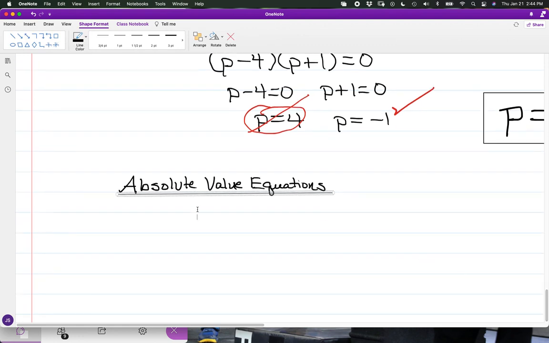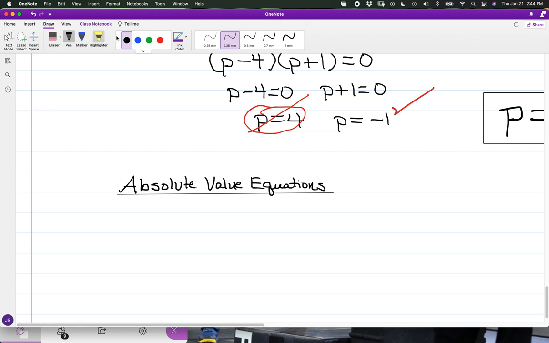Okay, and for what we have with absolute value, we're going to throw in some symbolism here. Just symbolically, the absolute value of x is denoted by vertical bars surrounding the letter x.